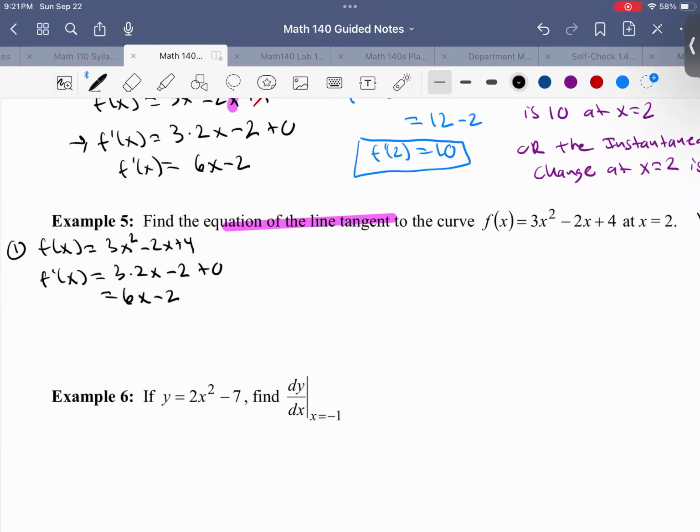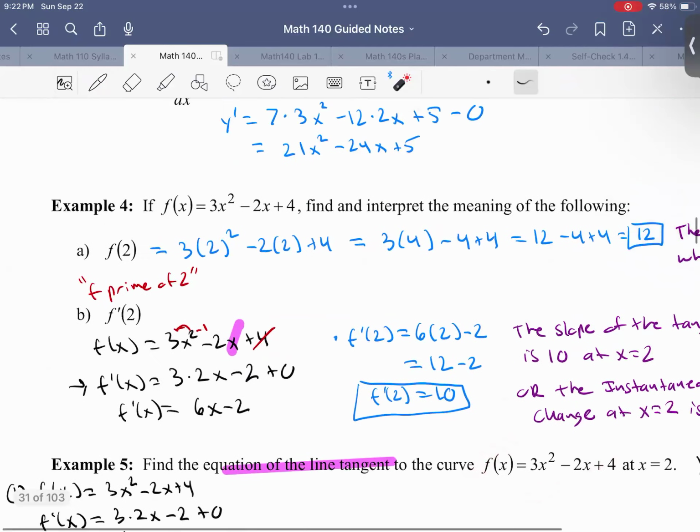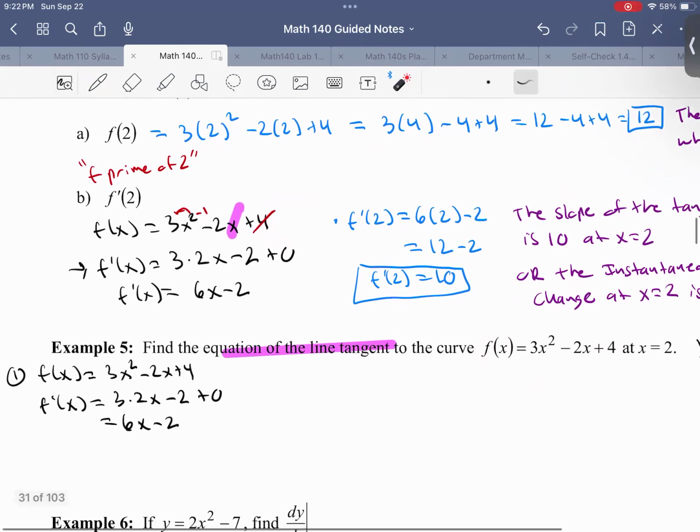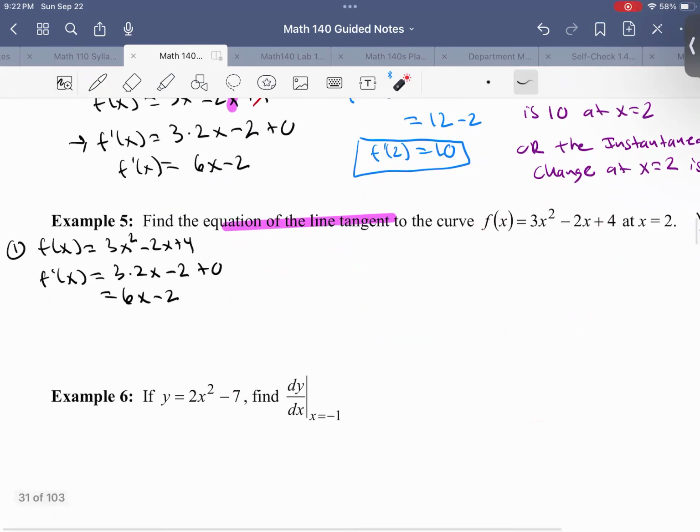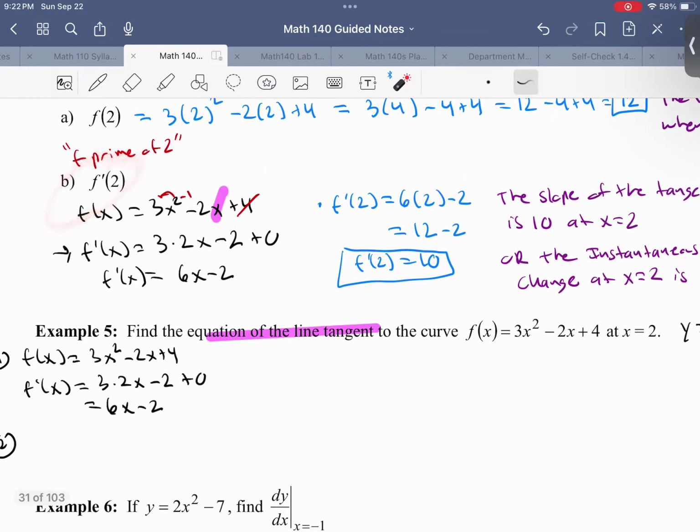All right, so luckily, if you've noticed already, this is the same problem as above. So we have all these steps already, but I just want to make sure we go through all the steps when we apply this to a different problem where we don't have everything already. So second thing I want to do is plug in x equals 2 into this derivative. Same exact thing as the previous problem.